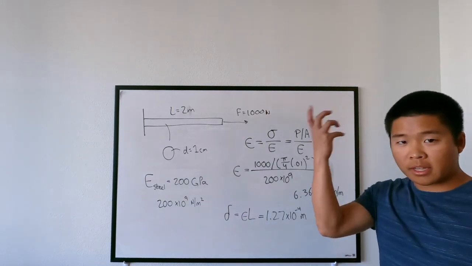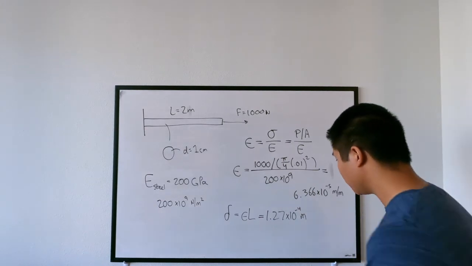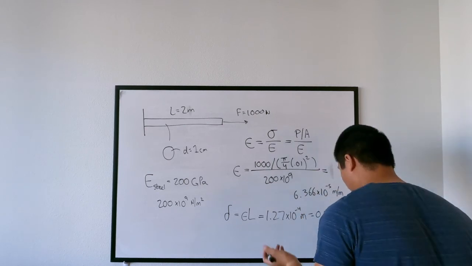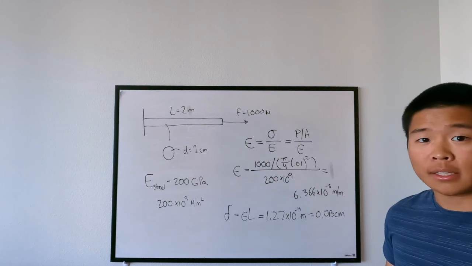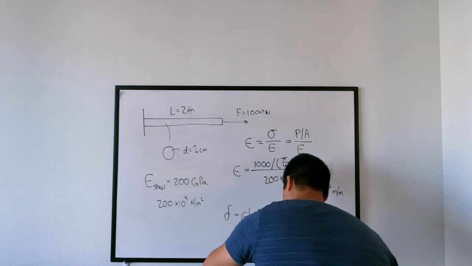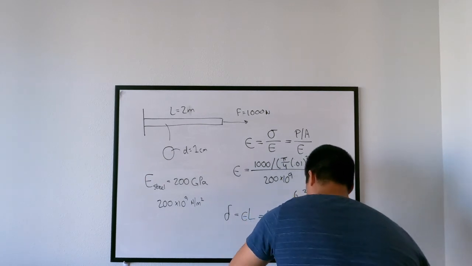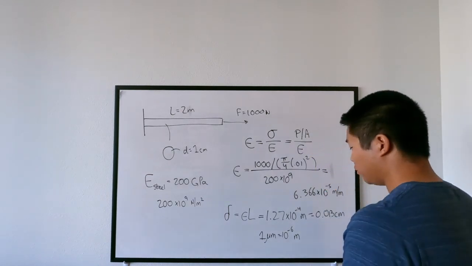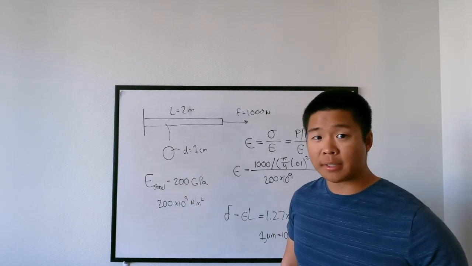So what is this like in your head? This turns out to be 0.013 centimeters, which is, as you can imagine, very small. Another good unit to know in this class is a micrometer, where 1 micrometer equals 10 to the negative 6 meters. A micrometer is also known as a micron. So if you hear someone say it's 100 microns, it means 100 times 10 to the negative 6 meters.